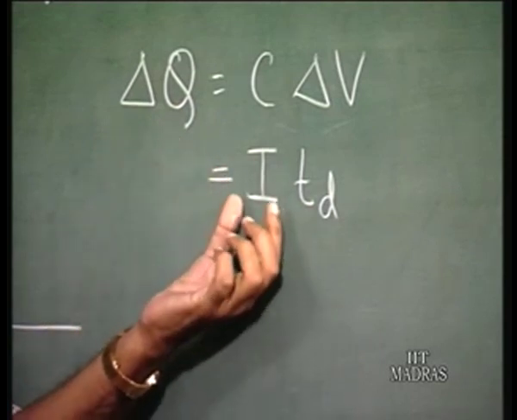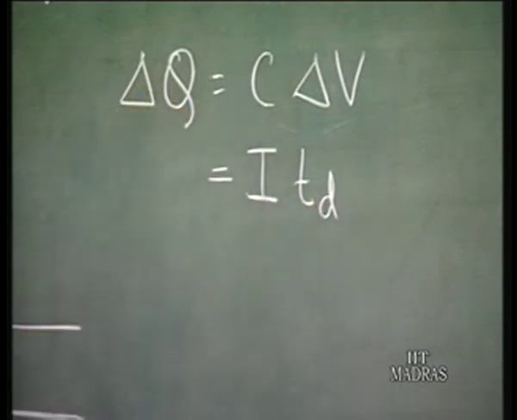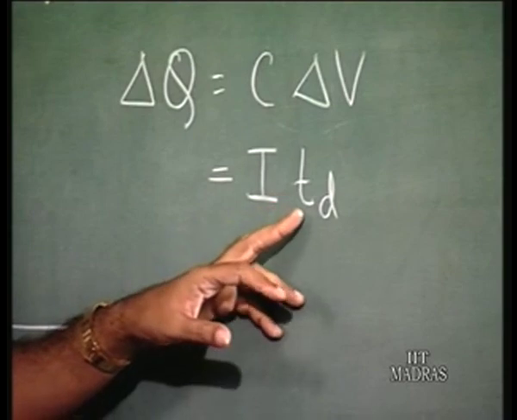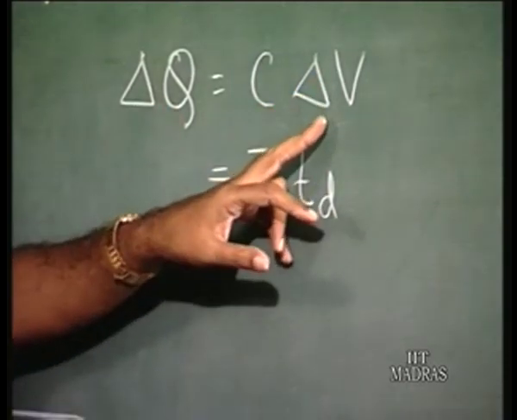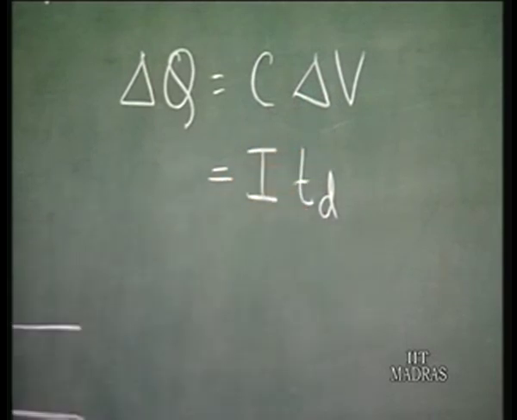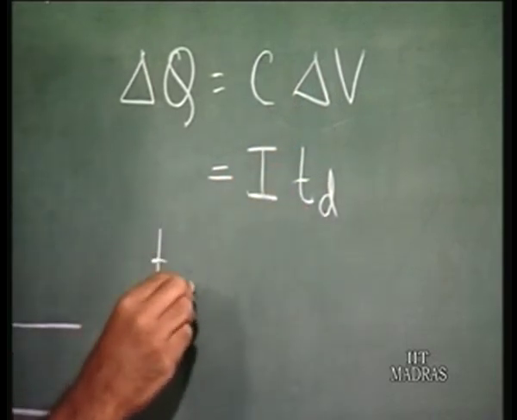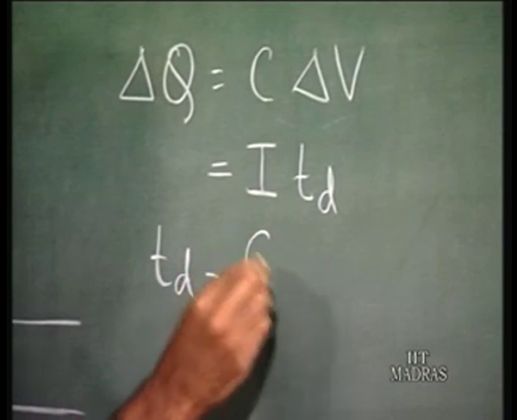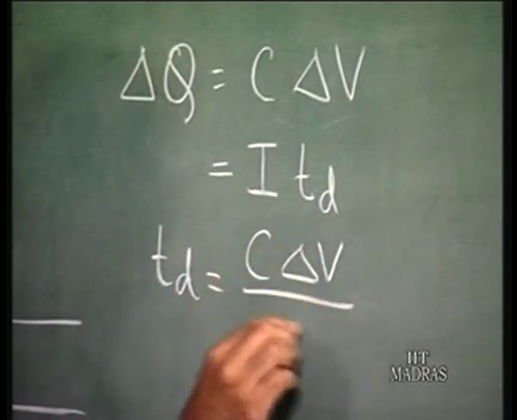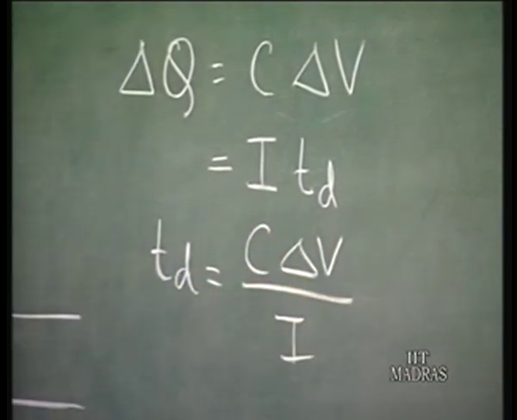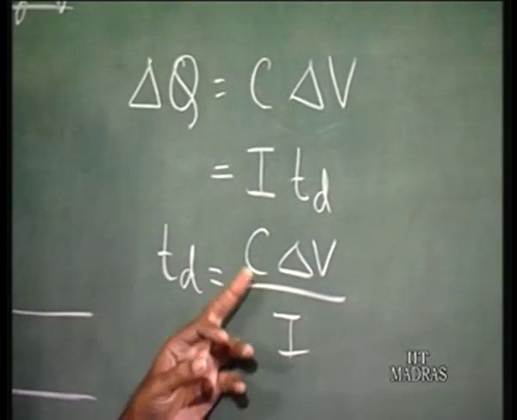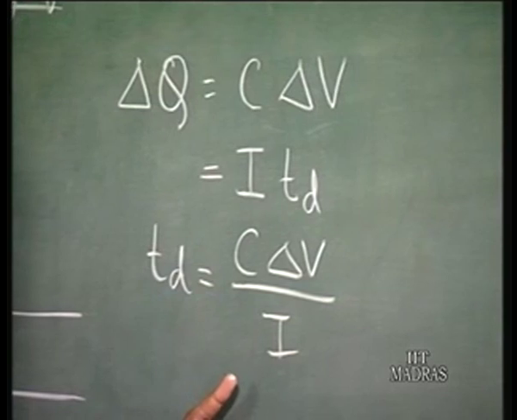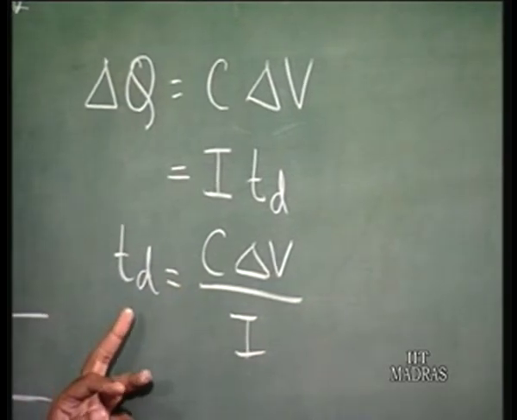If you are passing current I for a time Td, you require this charge. So Td is the time required for the voltage across the capacitance to change by delta V, and from this you get Td is equal to C delta V by I. That is very well known: if you have a capacitance C charging through delta V with a constant current I, you require time Td.